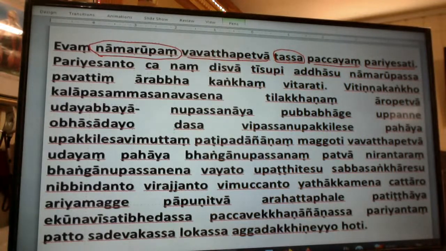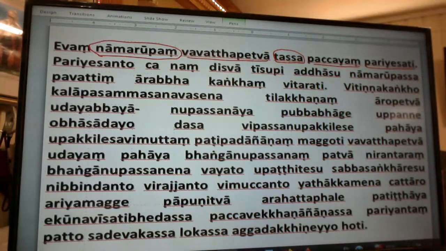Paccaya is the cause, isn't it? So take the cause of namarupa. That is very important. If we cannot find that kind of real cause, we cannot get the answer we want in the insight meditation, Vipassana.